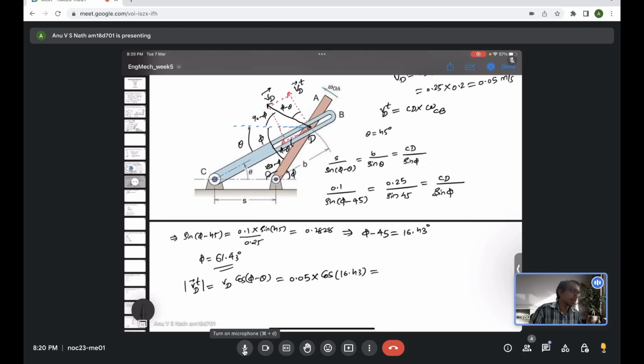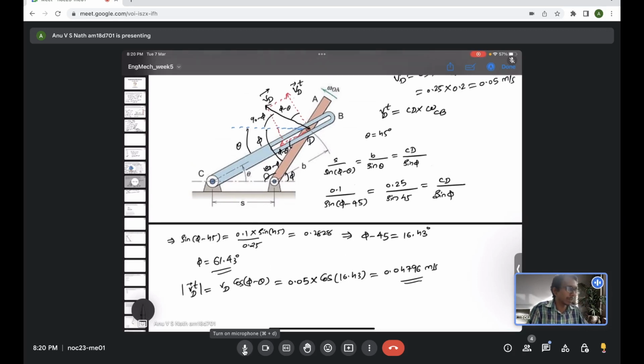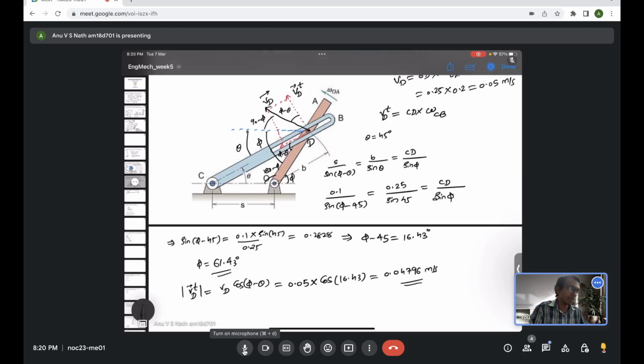So if we just evaluate it, we get 0.04796 meter per second. So this is the component in the tangential direction of the link CB or BC.